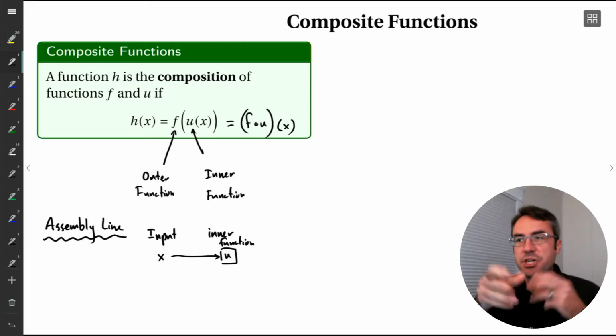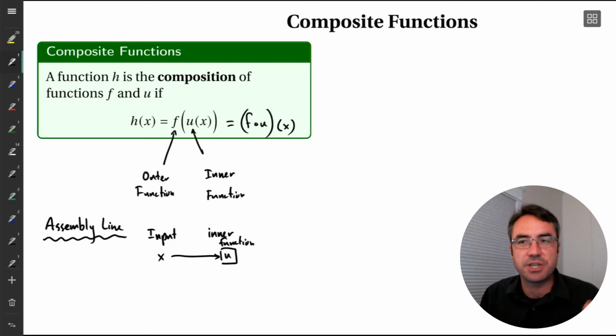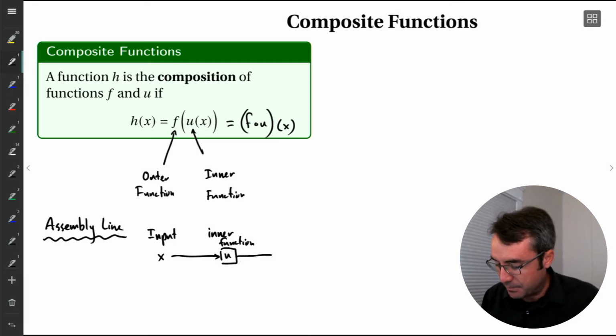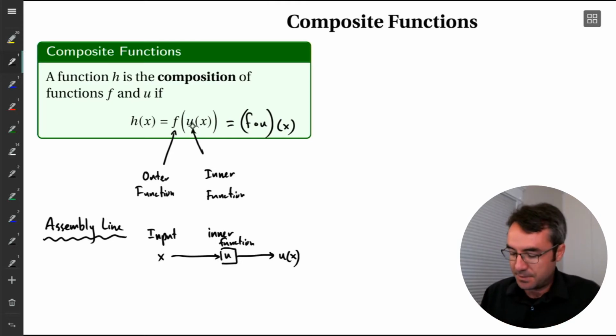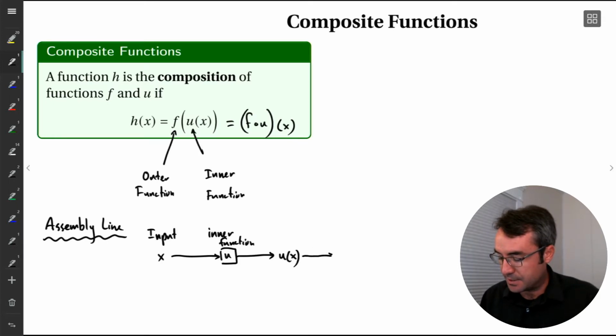Then inner function u changes our input, and it gives us something out. It gives us u of x out. And then we take u of x and we plug that into function f. So u of x goes into function f, and that's our outer function.